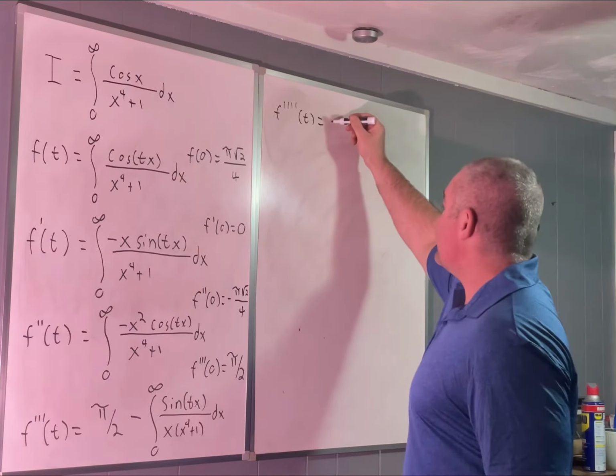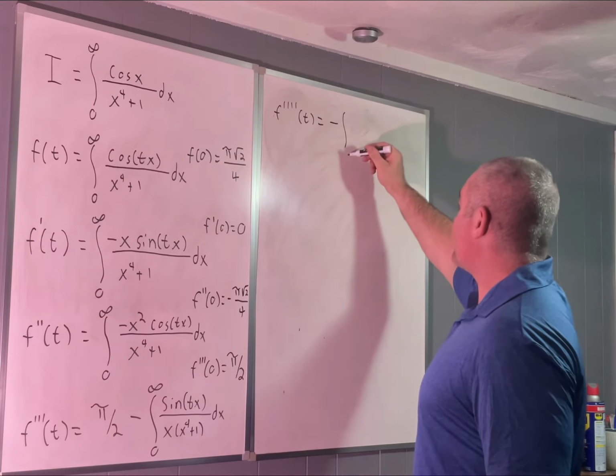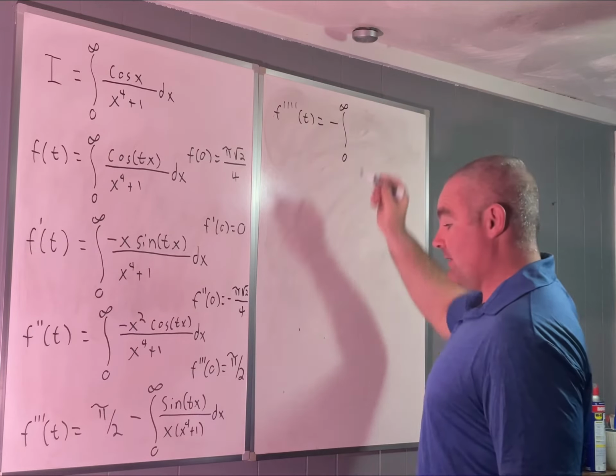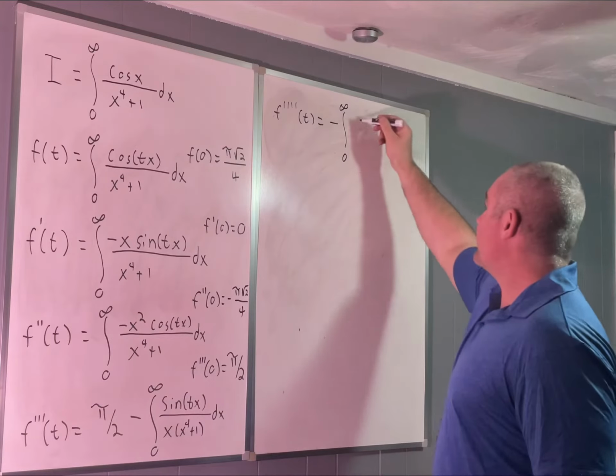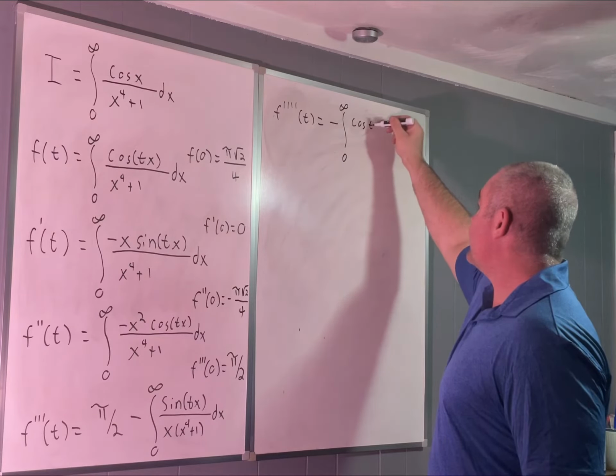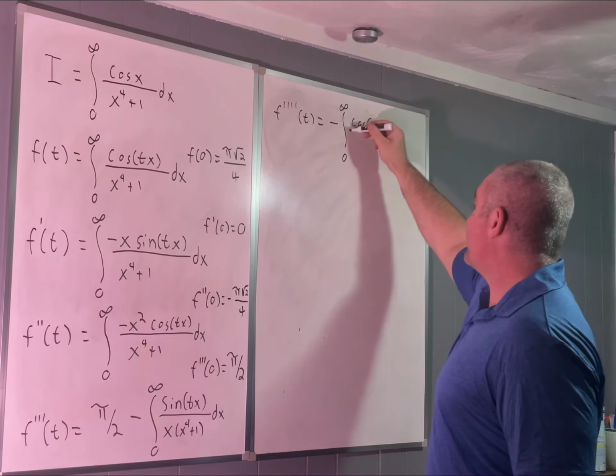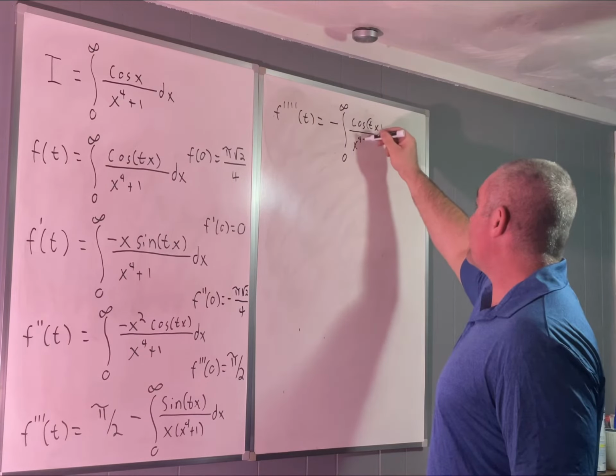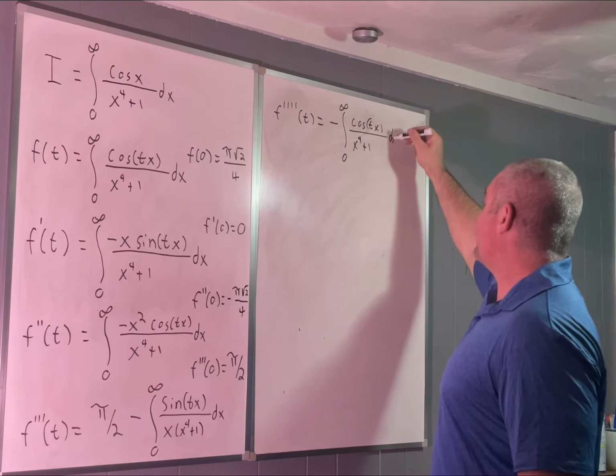So we would get negative integral 0 to infinity of cosine tx over x to the 4th plus 1 dx.